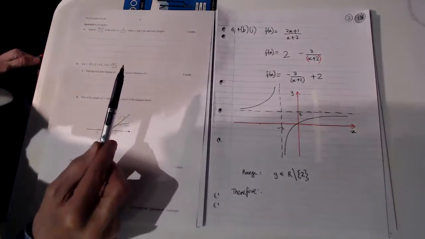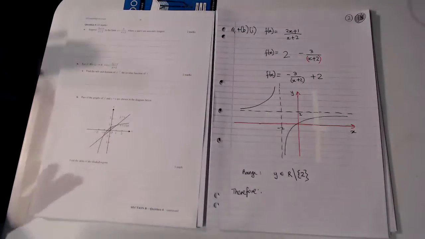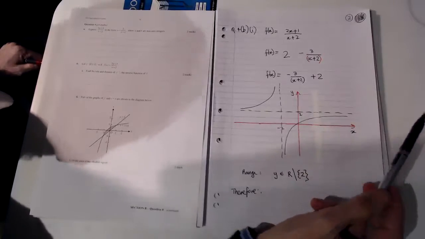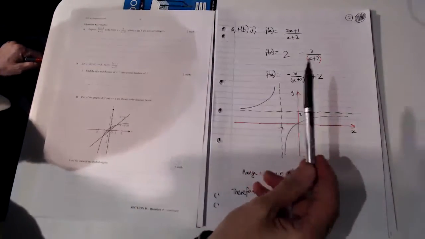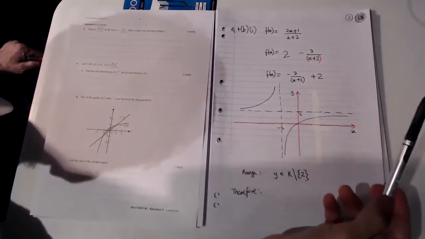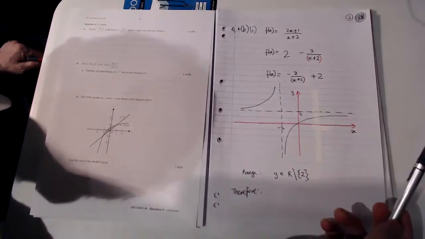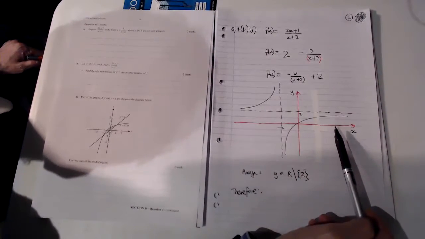Okay, well, basically here, in a few words, they want you to find the inverse function. But because they want you to work out the domain, it's a good idea to work out the range of the original function. And the best way to do that is to graph it on the CAS calculator, of course.